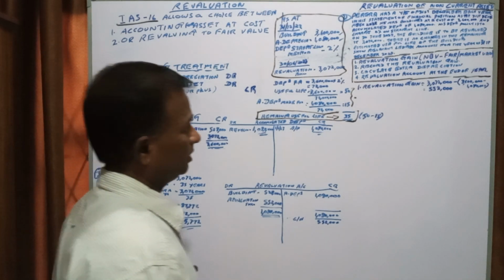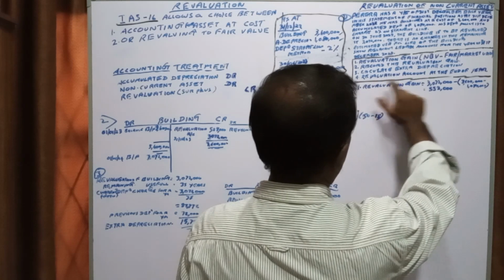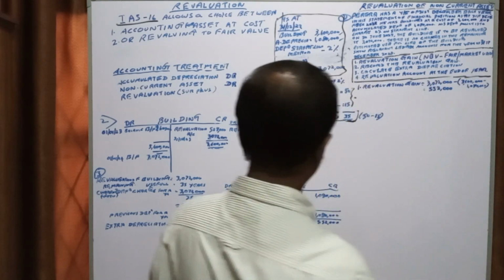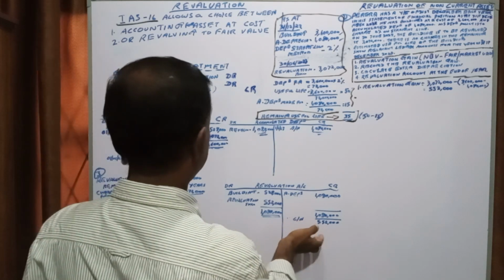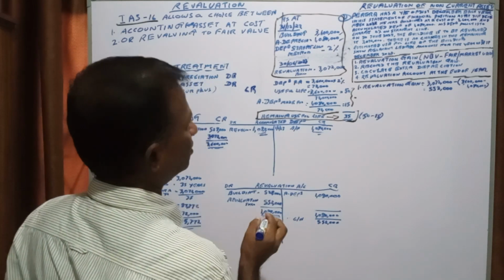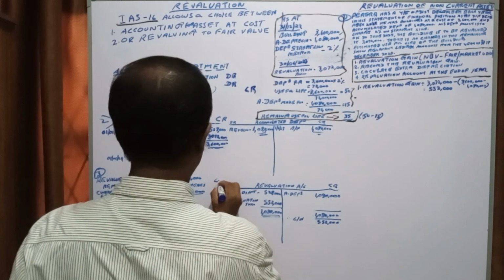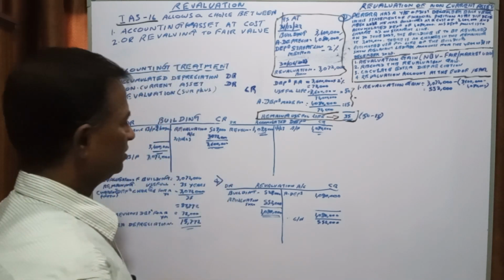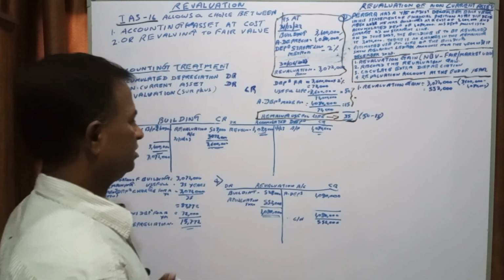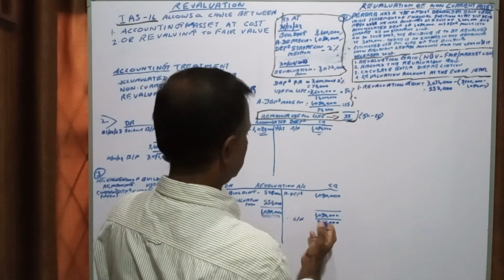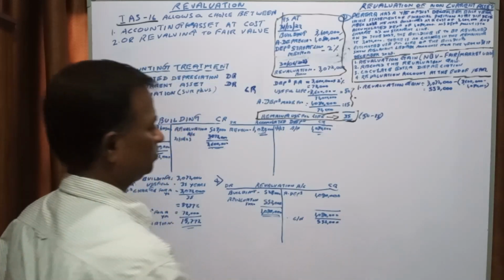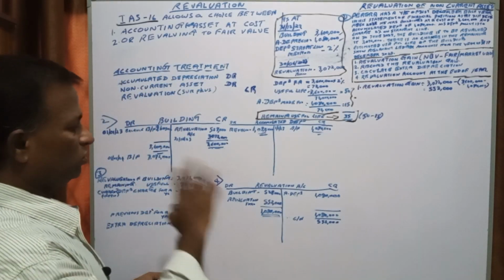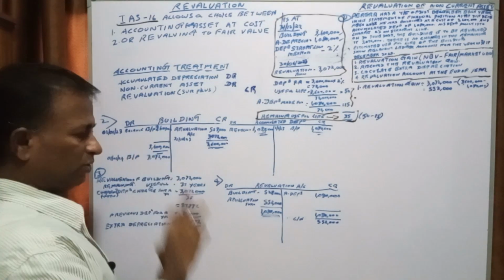Then next is the revaluation account at the end of the year. This is the fourth item. At the end of the year, there is a revaluation reserve account, a revaluation surplus account, of 552,000. That will be shown with the equities.